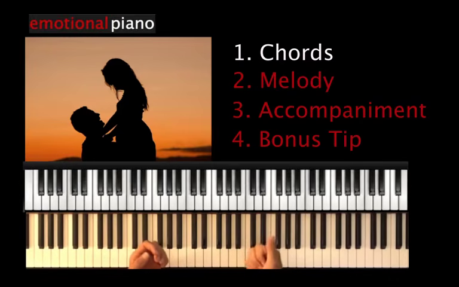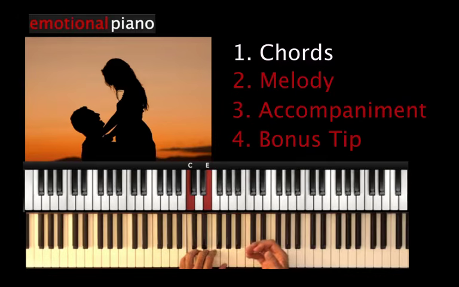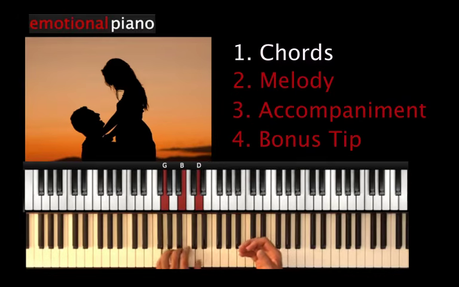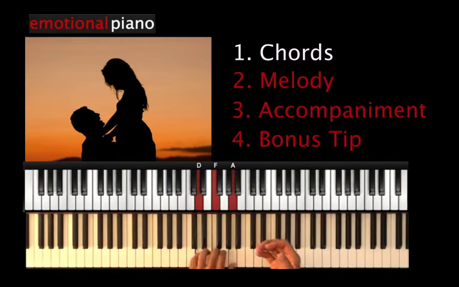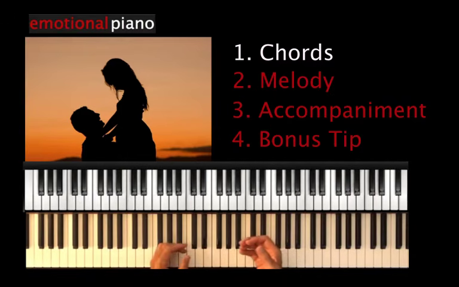First step, use chords. Create your own beautiful piano music using a super simple chord progression. A minor: A, C, E. C major: C, E, G. G major: G, B, D. And D minor: D, F, A. First, just play these as block chords in your left hand, nice and slow.